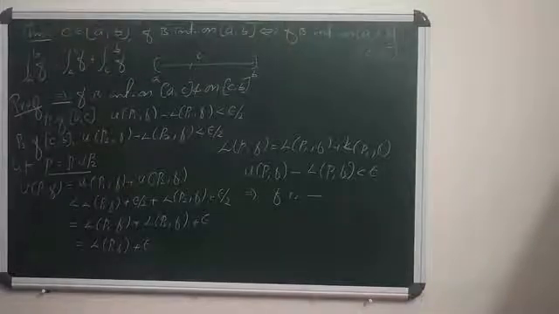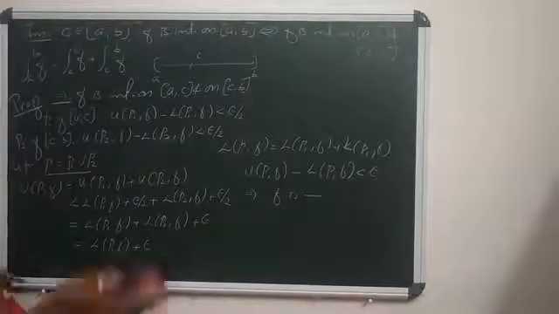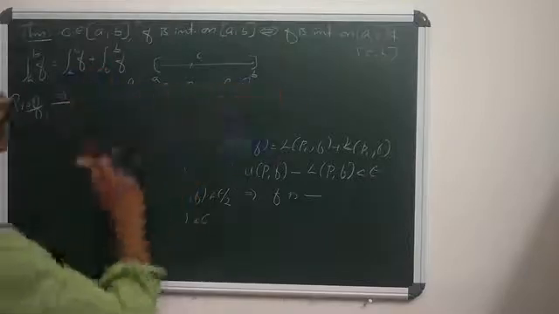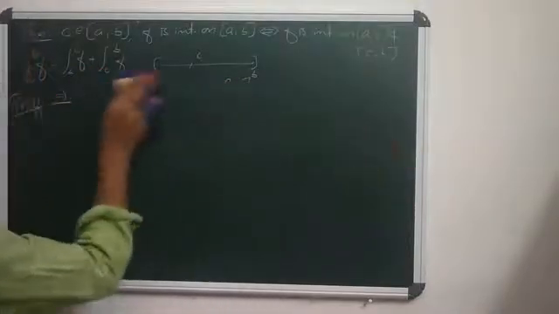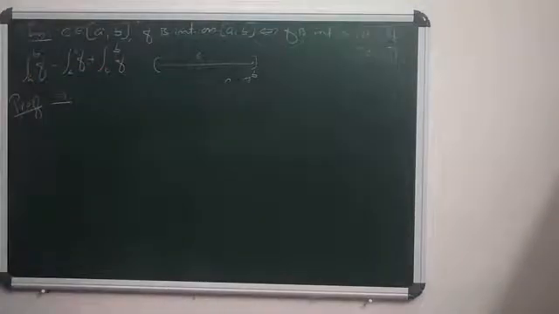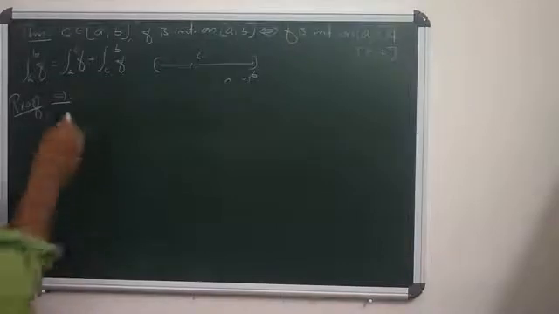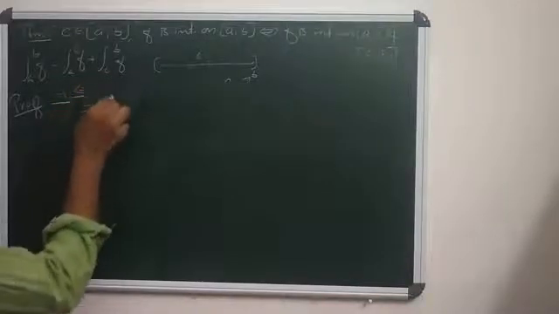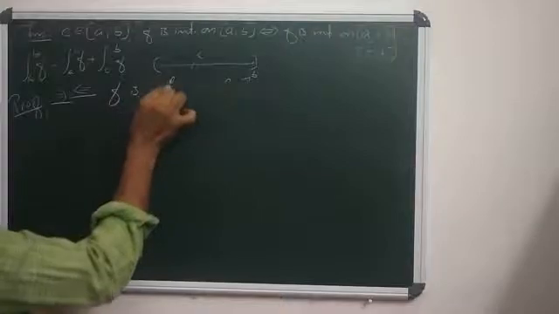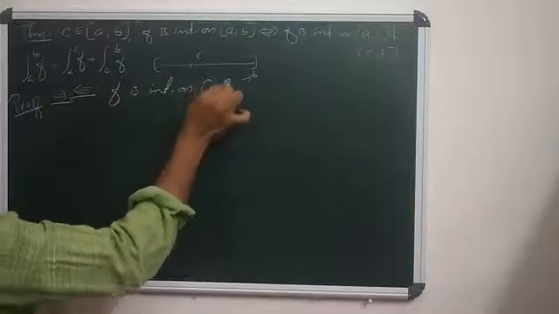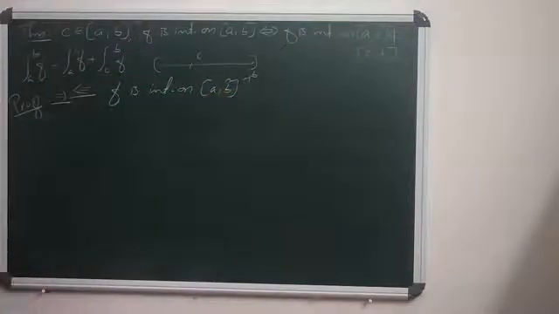Come to the reverse inclusion. Reversely, suppose that f is integrable on the closed interval [a,b]. Now we want to show that f is integrable on the closed interval [a,c] and on the closed interval [c,b].